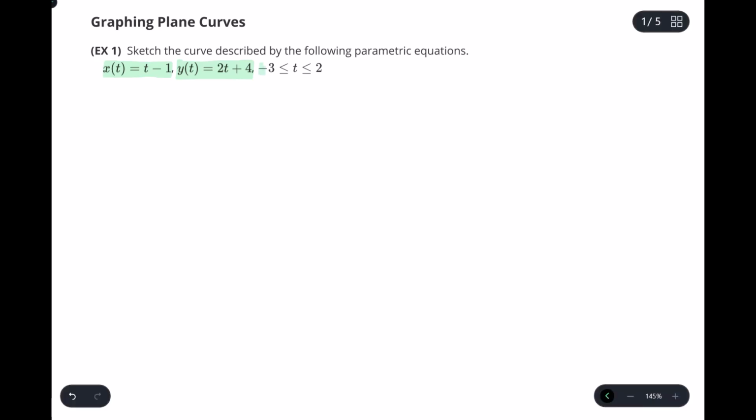And then I have a restricted domain for the variable t. Now you always have to have some sort of domain for the variable t, and it's completely okay if that domain is just all real numbers. But you want to have some start and end point. So the start and end points could be inclusive or exclusive, or if it goes to infinity, that's fine as well.